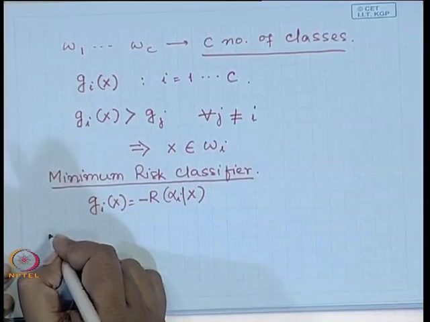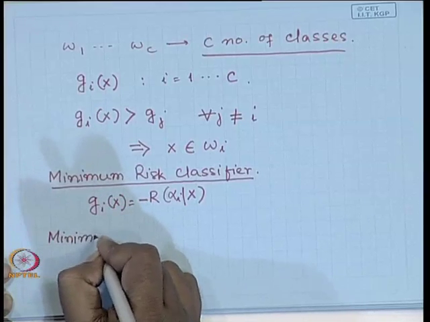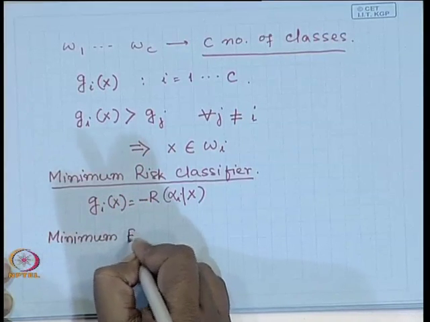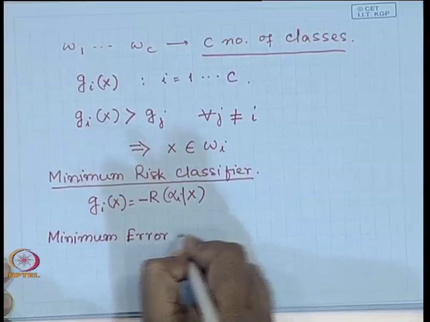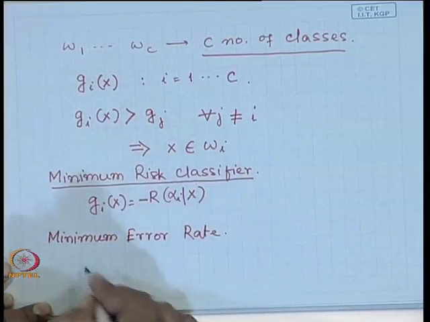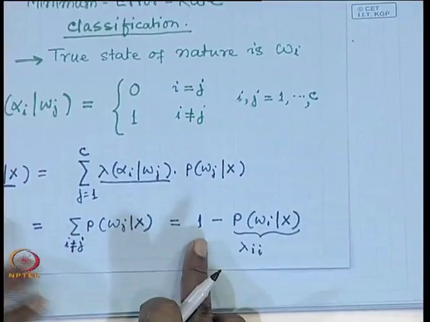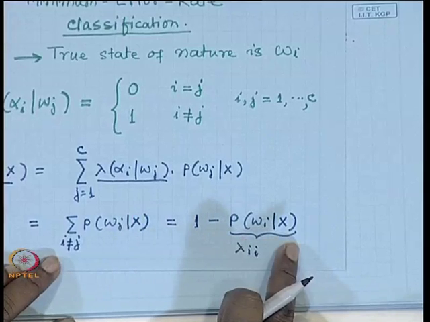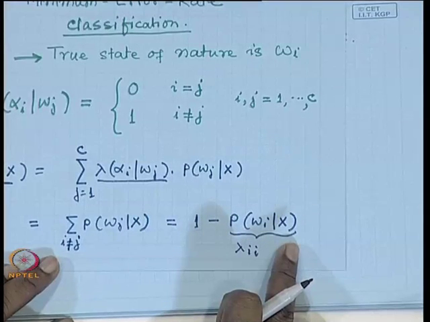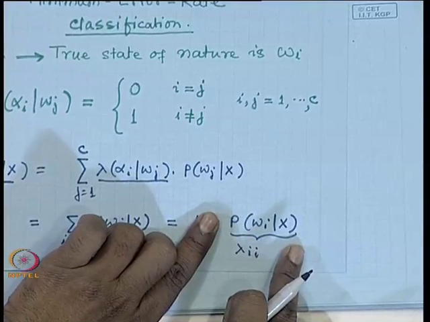Similarly, for minimum error rate classification, my condition was that 1 minus P of omega i given x has to be minimum. That means P of omega i given x has to be maximum.